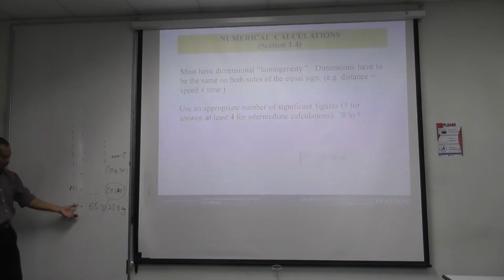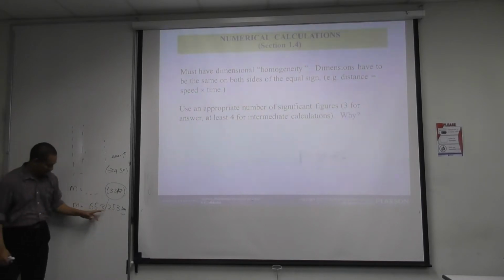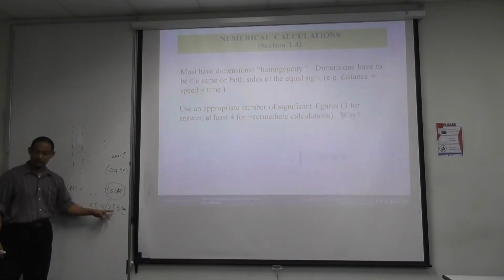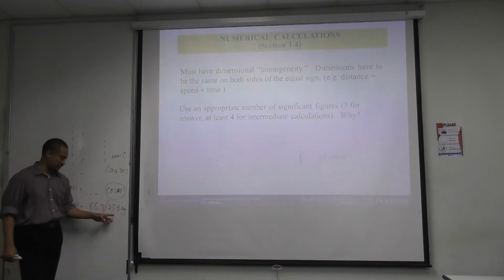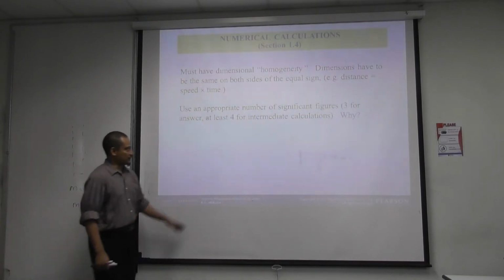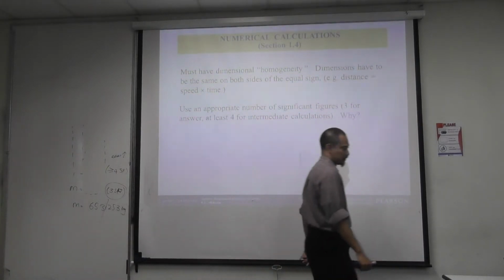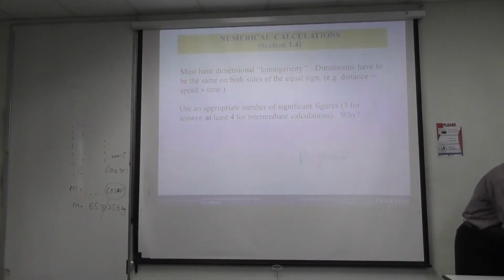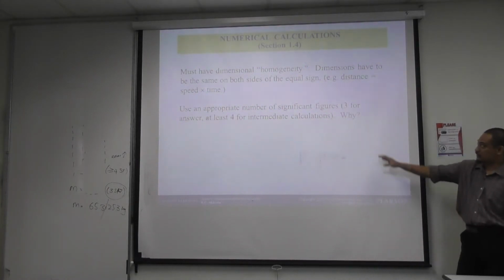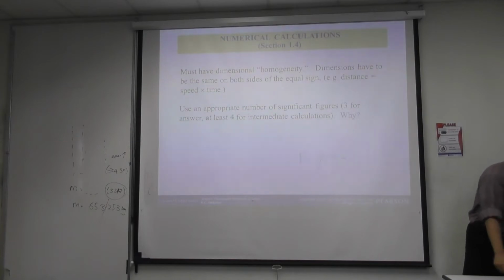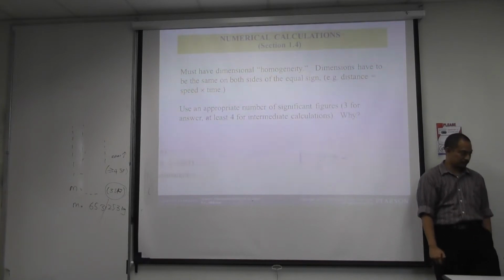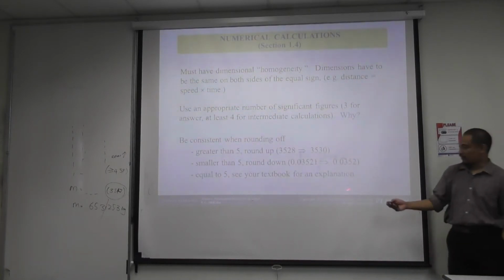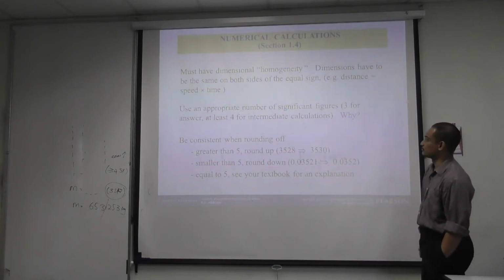But when you represent it in terms of engineering concepts, this doesn't make sense. There's no way to get this in the real physical world, right? So this is why it trains you to go in that direction. The final answer will be at that level, 3 significant figures. How to round off, I believe you know, right? More than 5, round up.